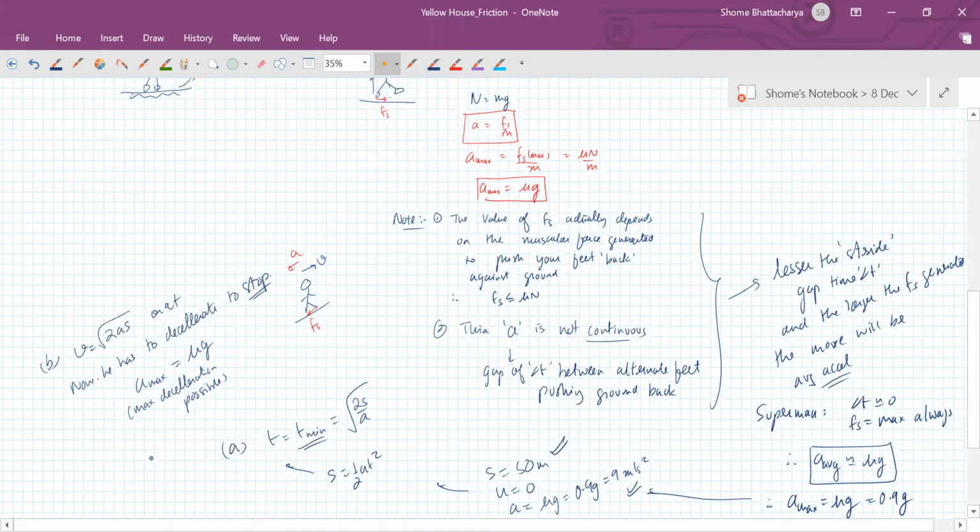So therefore, the time taken to stop, that is the minimum time, will be again this much. So this is how you will calculate the B part of the question.